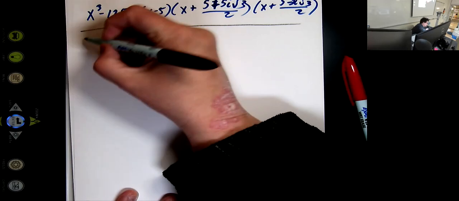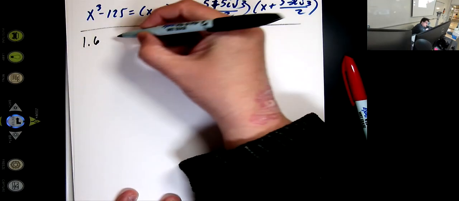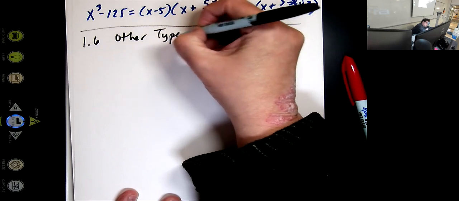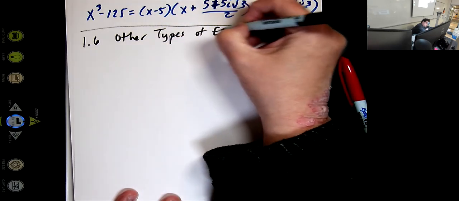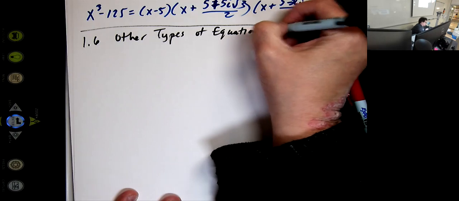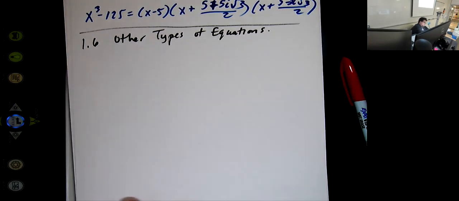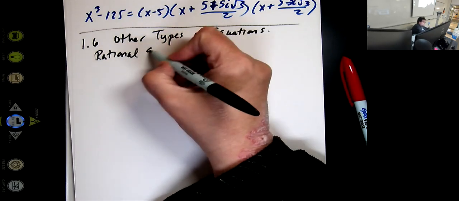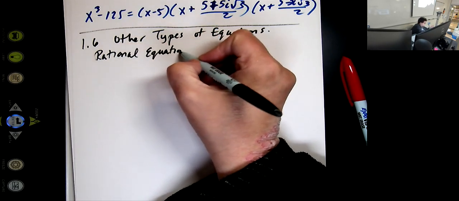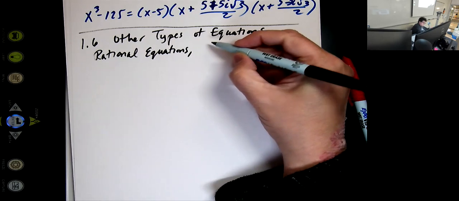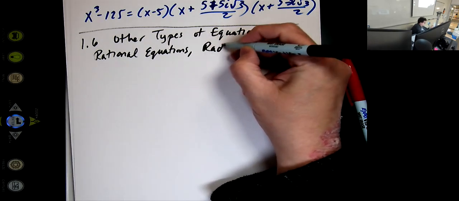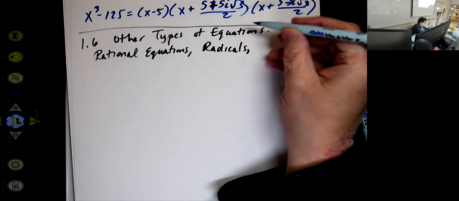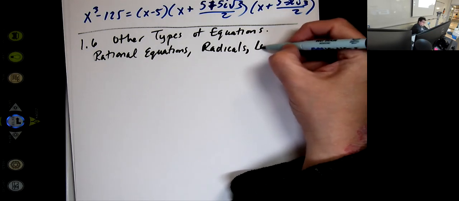So 1.6 is on other types of equations. We're going to look at some rational equations and some radical equations, and some that look quadratic.